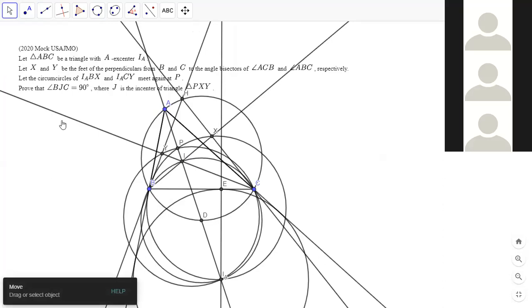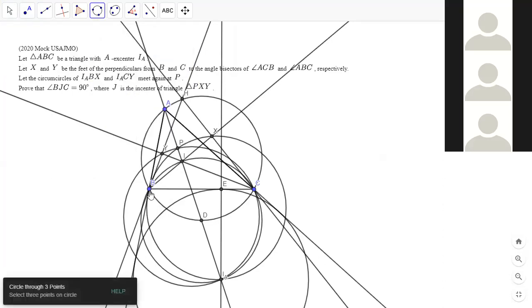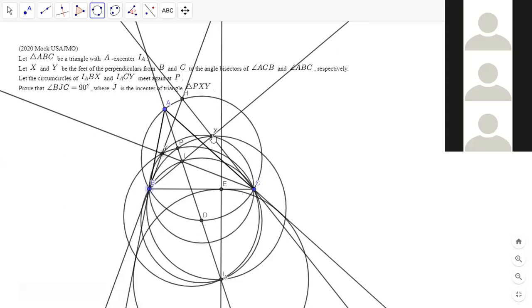So maybe it's worth drawing this circle through BXYC. So basically we're saying that this point right here is the incenter. That seems weird. Because the incenter of PXY you'd think would be like, I'm not sure if I did something wrong here.